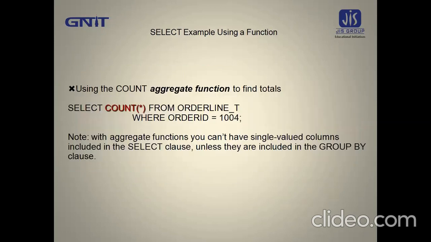Now we will see some select examples using a function. We can use the count aggregation function to find totals. So here we are using select count star from order line T, where order ID is 1004.